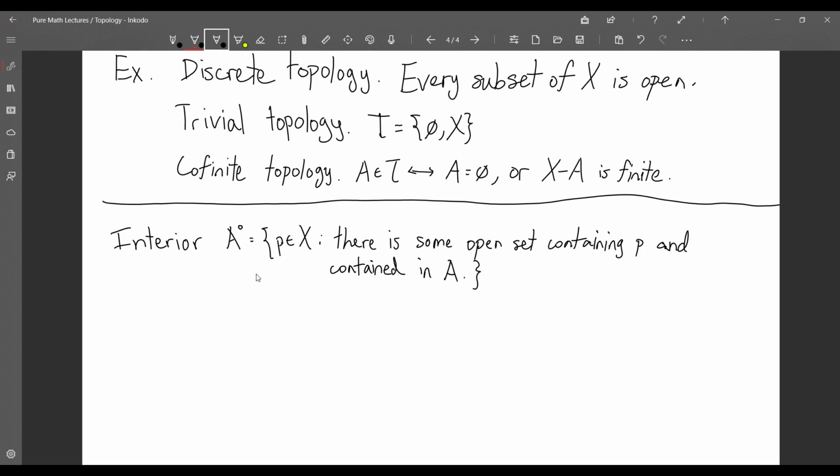And you can prove that. But it's saying that the interior consists of points where I can find an open set that is contained in A.